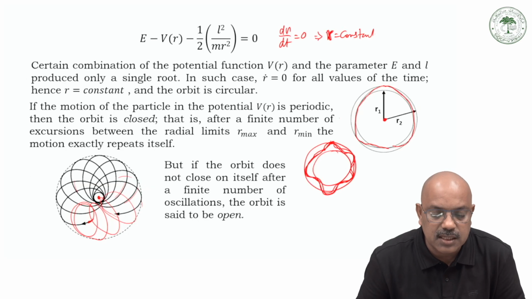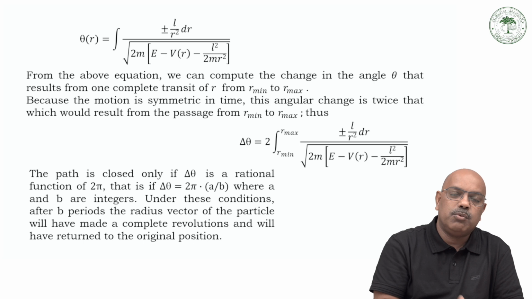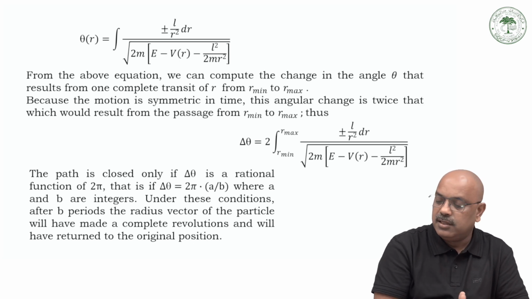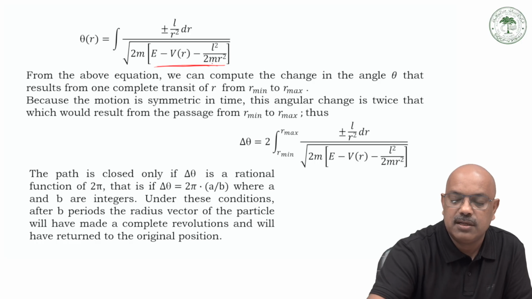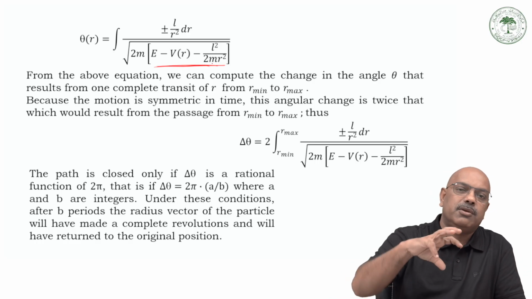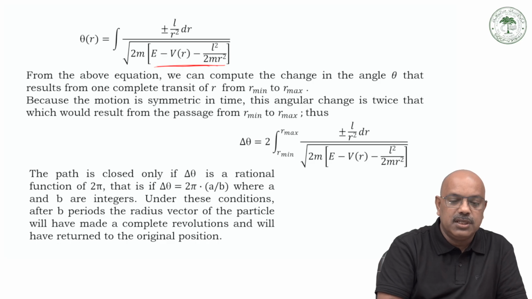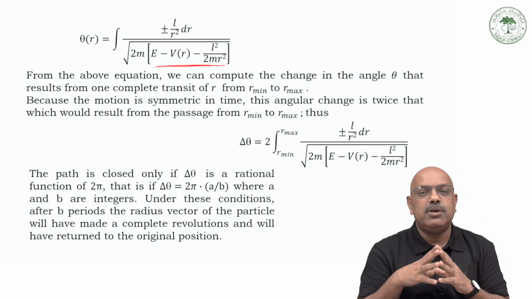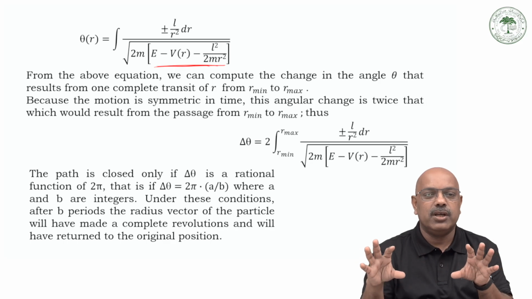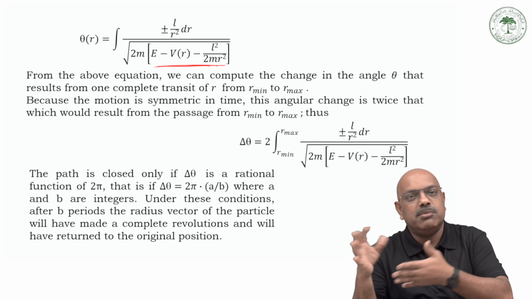The second thing is for theta. That was on the basis of the radial velocity, but this part is very important, whatever equation of motion or integral you are dealing with. If you are talking about theta depending upon r, then from this equation we can compute the change in the angle that results from one complete transition of r from r minima to r maxima.